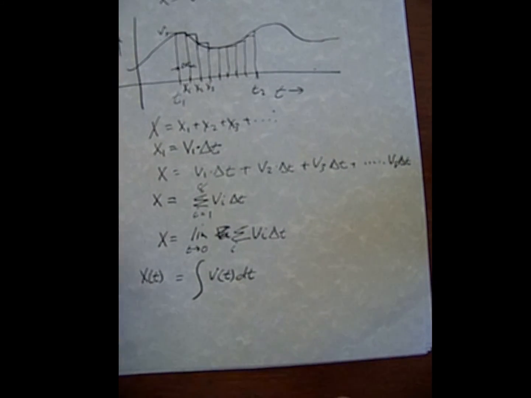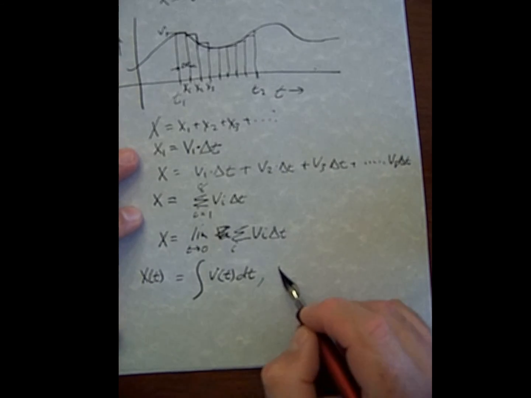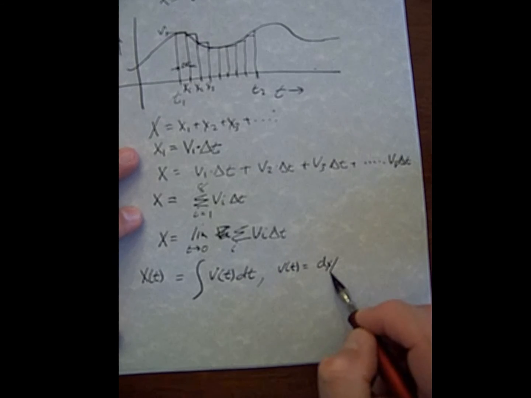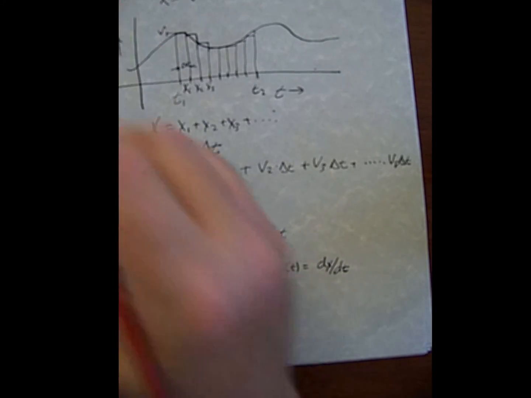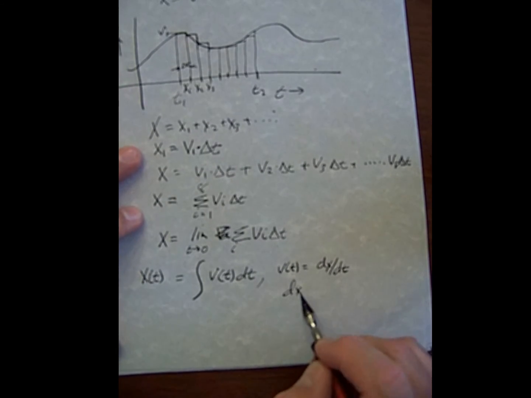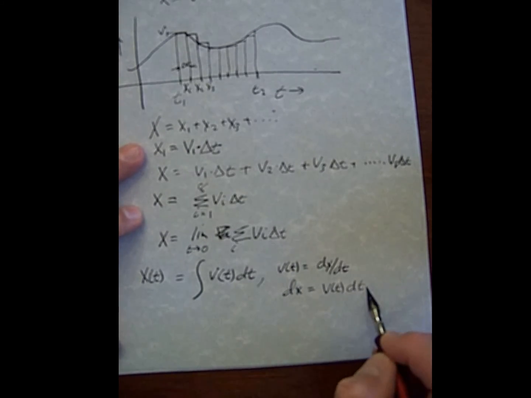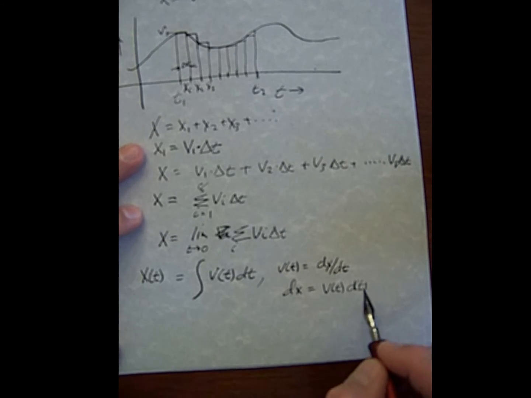So x of t equals the integral of v sub t dt. And we can get to that another way. If you recall that v sub t equals dx/dt, then if we multiply both sides by dt, I'm going to say dx equals v sub t dt.